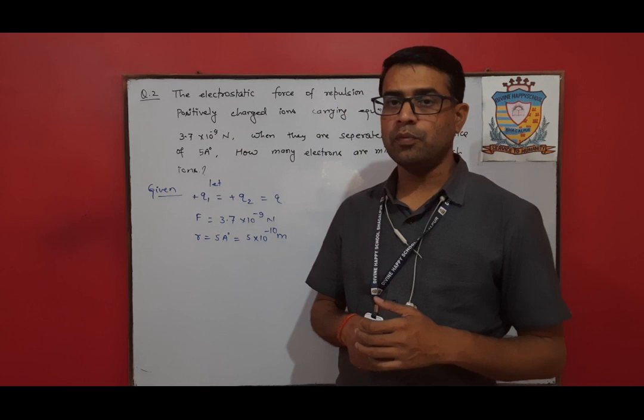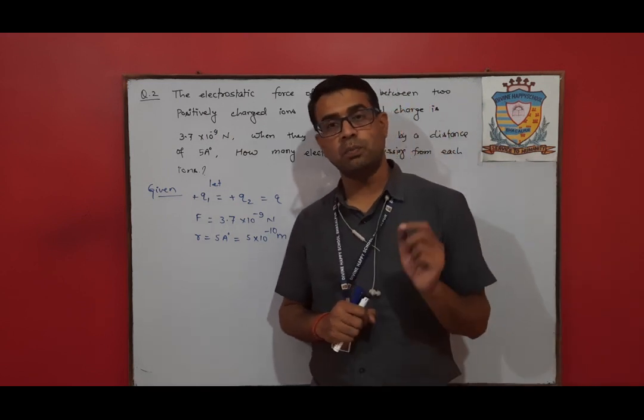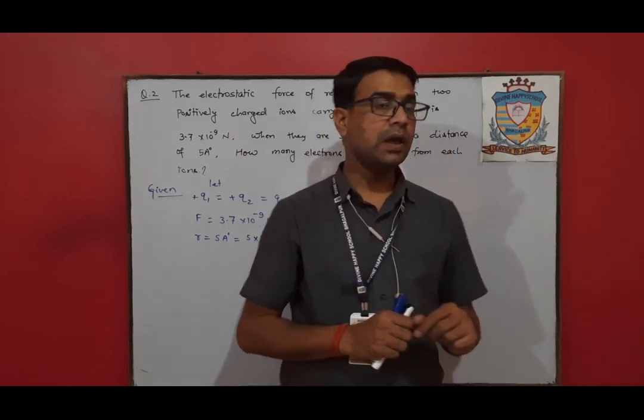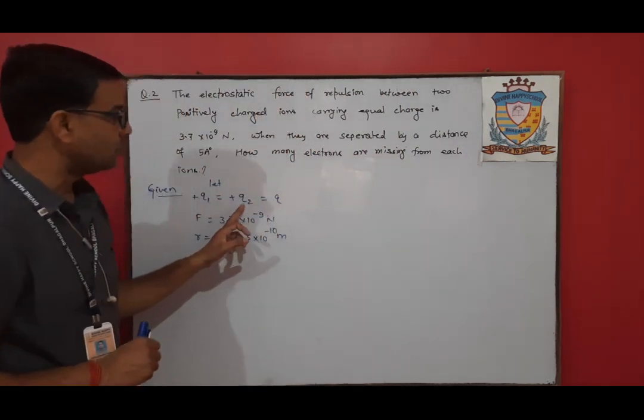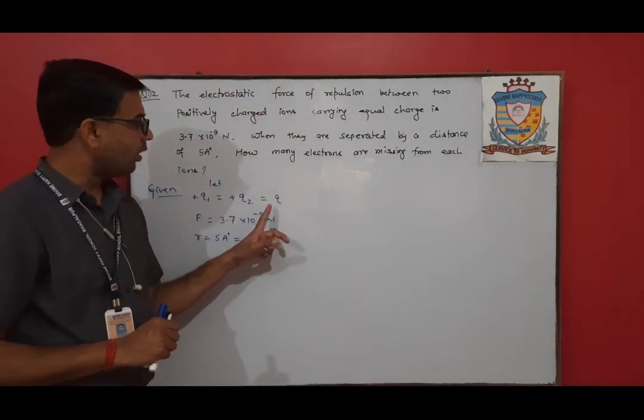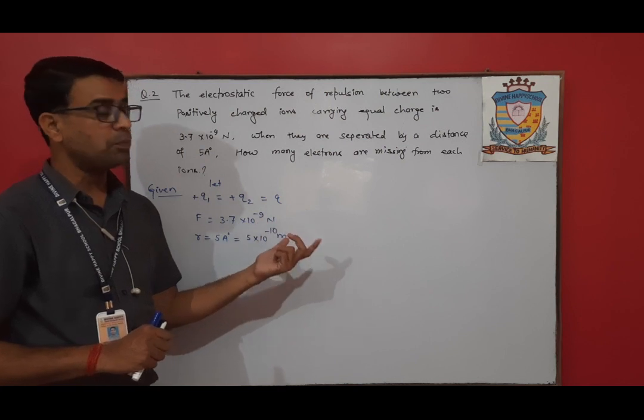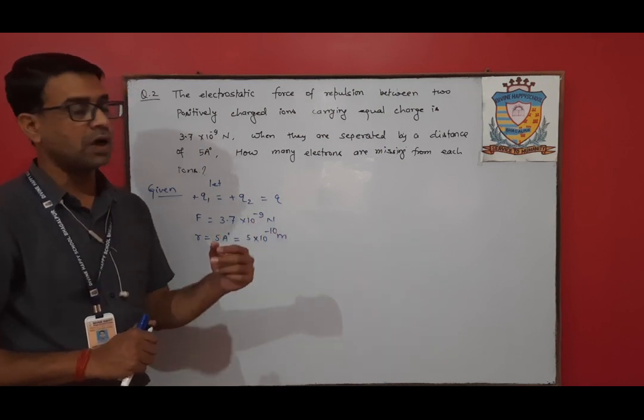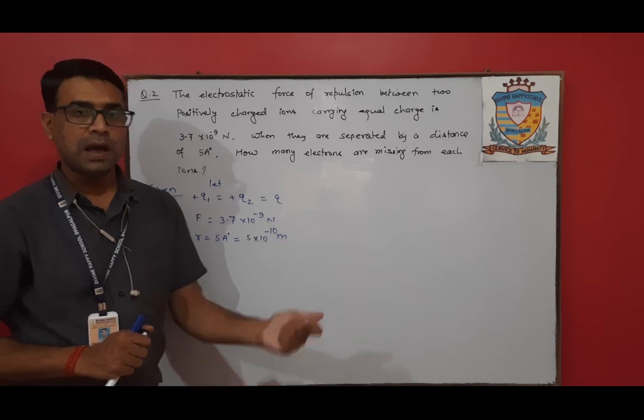As we know that from quantization of charge, Q is equal to plus minus ne. But here the value of Q is missing. So first we will find the value of Q, then we will put the value into Q is equal to ne. From that formula we will get the value of n.